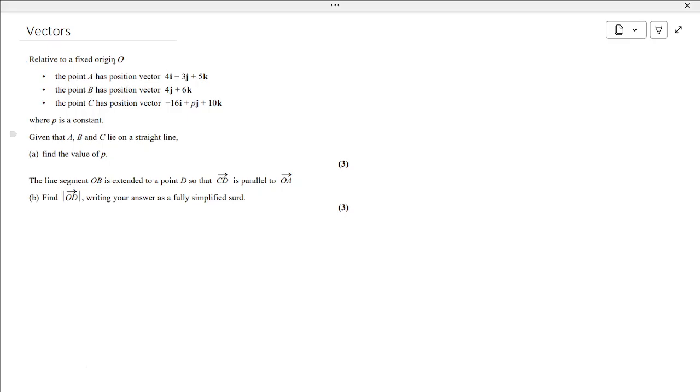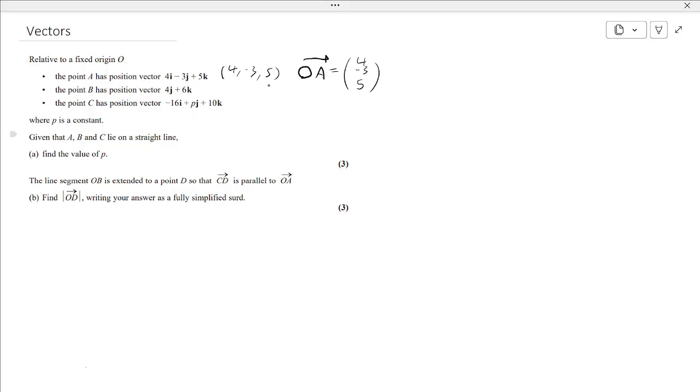So for example, if O is the origin 0, 0, 0, then A is the point 4, negative 3, 5. Now, as a vector, you could represent this as OA equals that vector 4i minus 3j plus 5k. Now I'm going to write all my vectors in this question as a column, much easier.